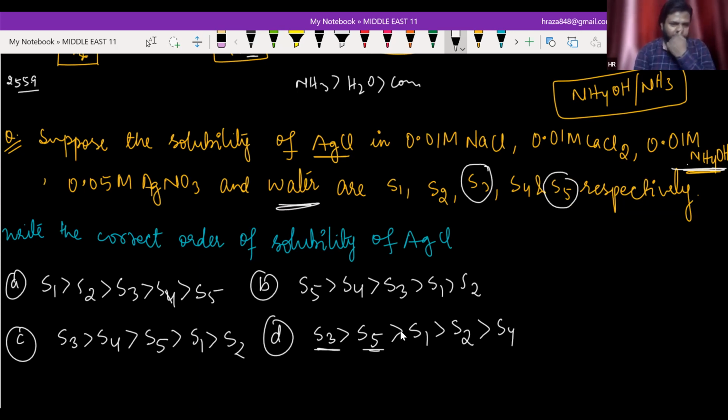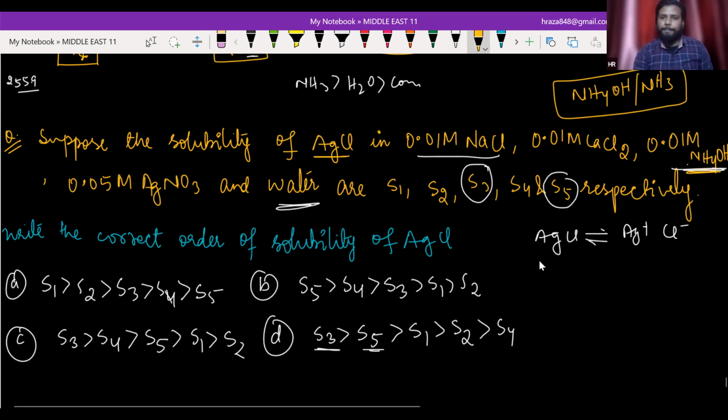Now how to decide S1, S2 and S4? AgCl in 0.01 m NaCl: AgCl will give Ag plus and Cl minus. NaCl gives Na plus and Cl minus.